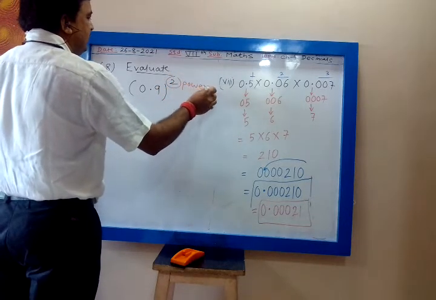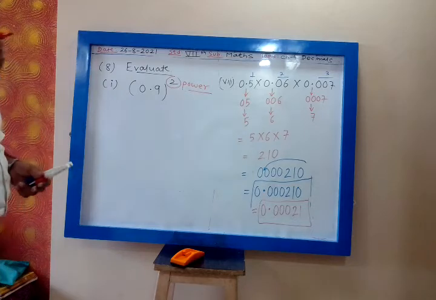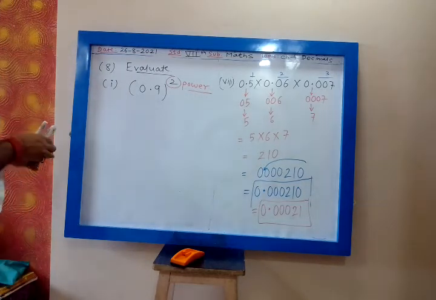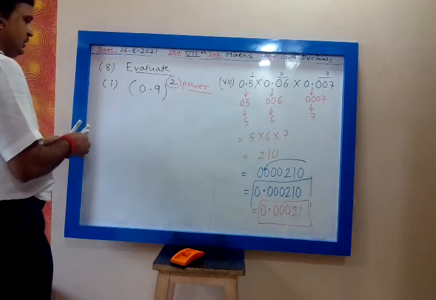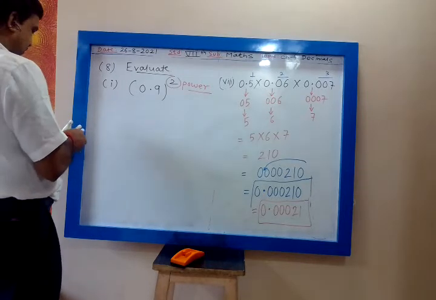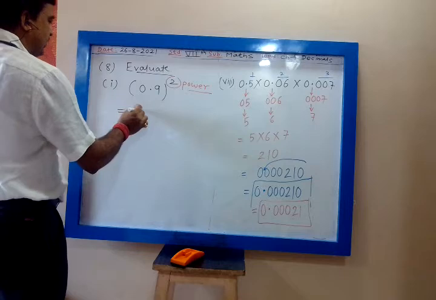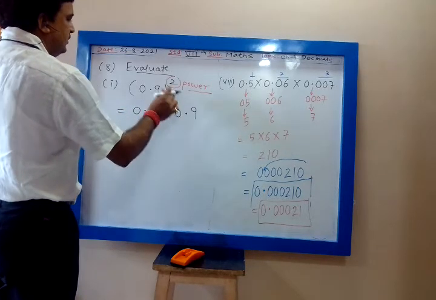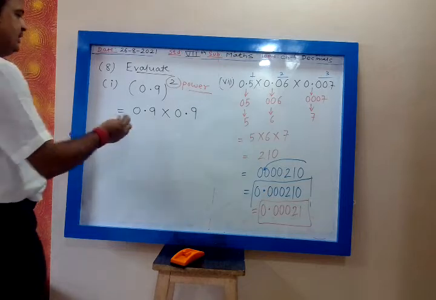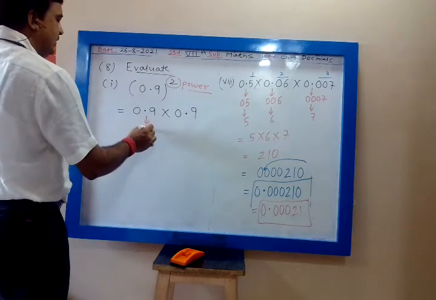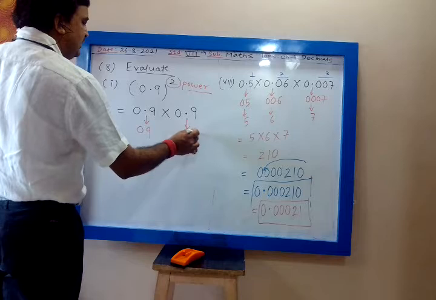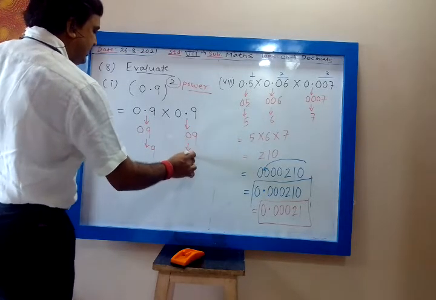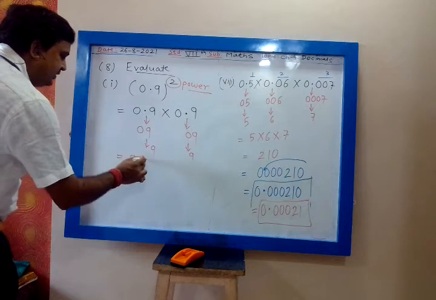If the power is 2, you have to multiply the given number 2 times. Power is 3, multiply the given number 3 times. That's all. So 0.9 into 0.9, because the power is 2. Now neglect the decimal. 0.9 is the same as 9. So 9 into 9 is 81.